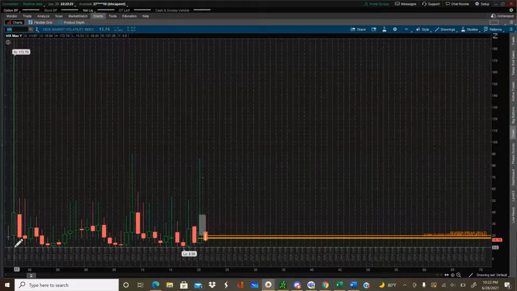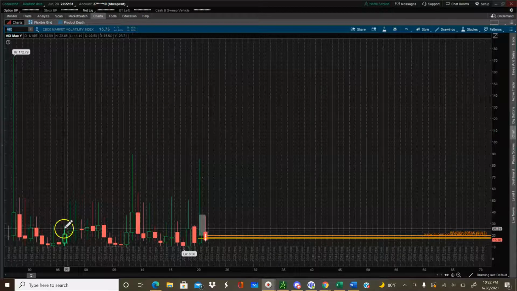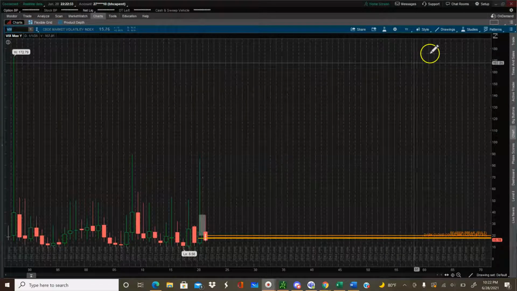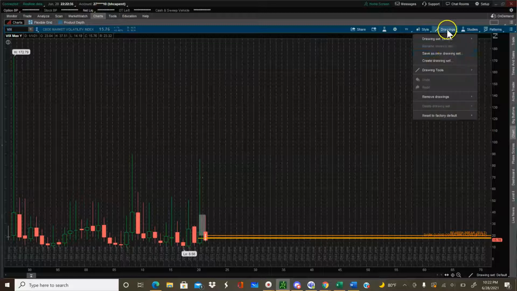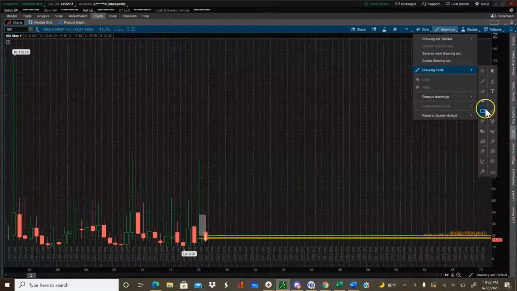A few times it's hit lower than $10, but that's really an outlier. I'd really say closer to 10.50, $11. So inside this area, I'll just draw a little rectangle here.